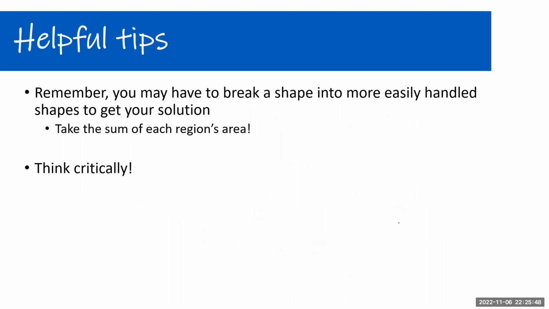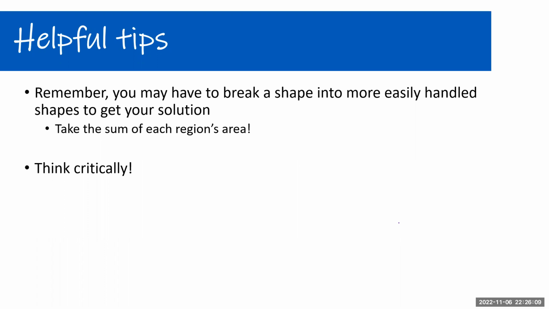Okay, so if we're dealing with area, sometimes we're going to have to break our shape into more easily handled shapes to get your solution, okay? Sometimes instead of looking at an ugly shape, we want to break it into pieces, just like we did with the perimeter examples, okay? So find the area of each individual region, and then add them together to get your total area.